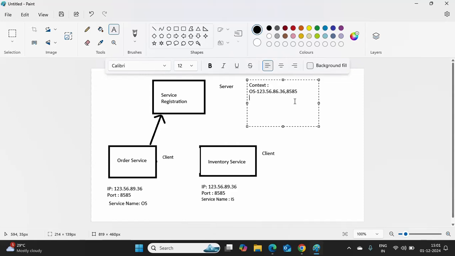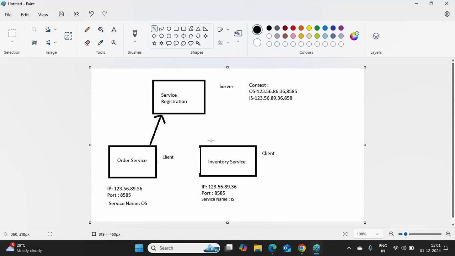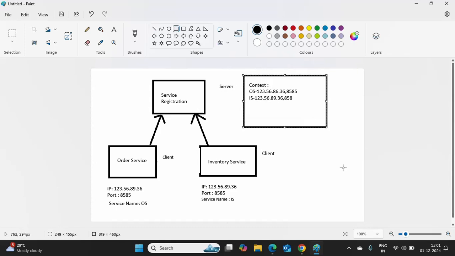And whenever you start the inventory service also, it is going to store the same information: 123.56.89.36 and port 8585. So in the context, it is going to store all the required metadata information.